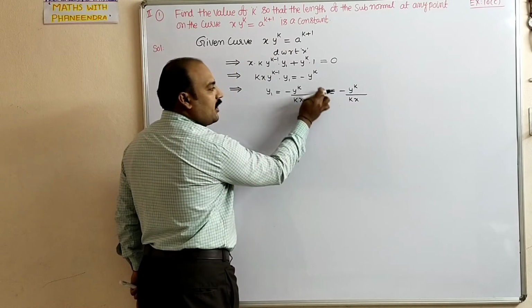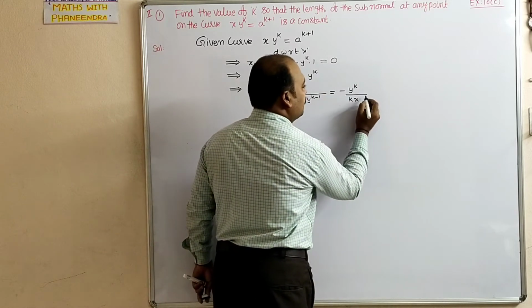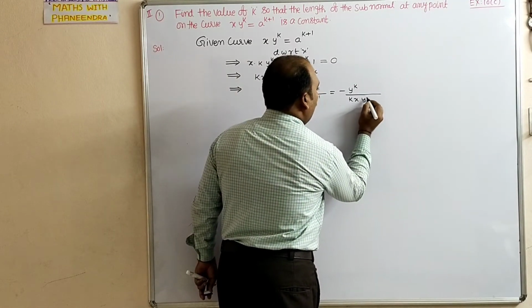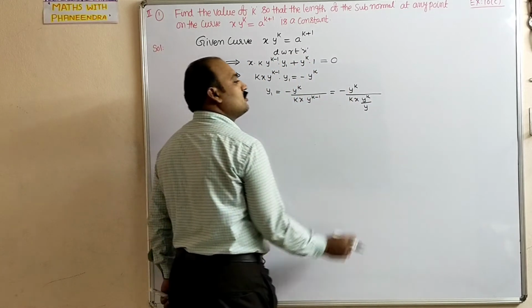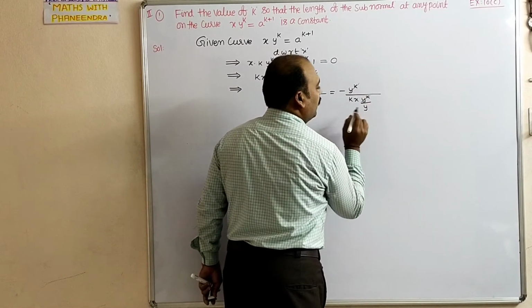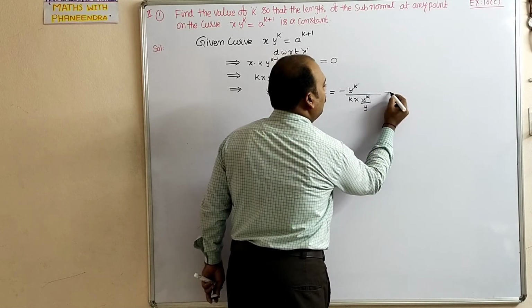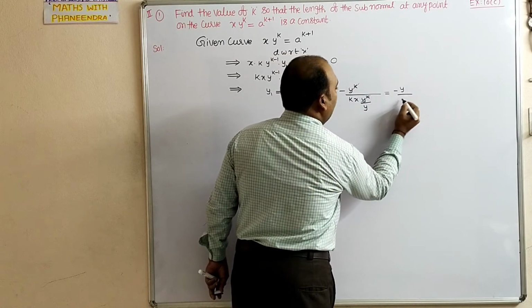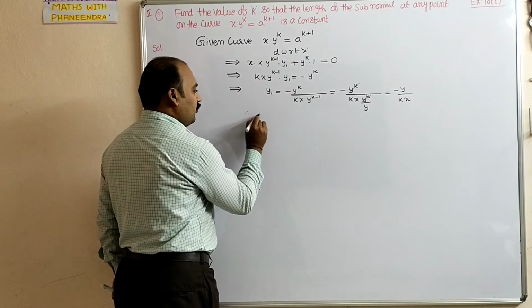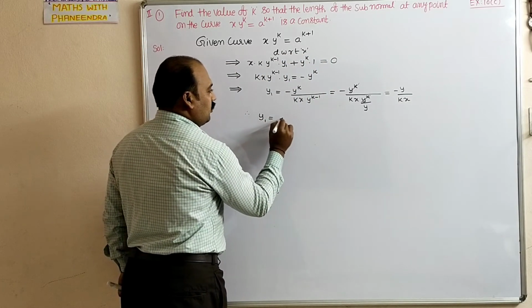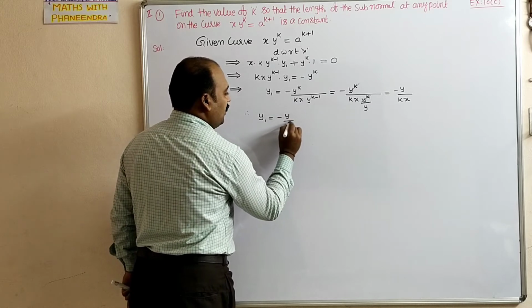Y power k minus 1 we can write as y power k divided by y. Y power 1 will come there. So y power k gets cancelled. Denominator of denominator, numerator. So minus y divided by kx. Therefore, the value of y1 is equal to minus y divided by kx.